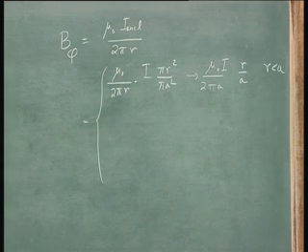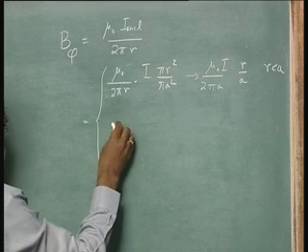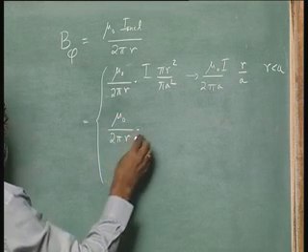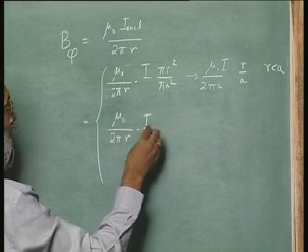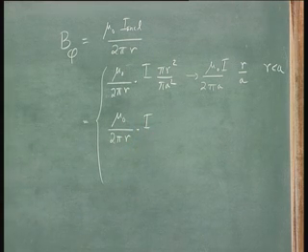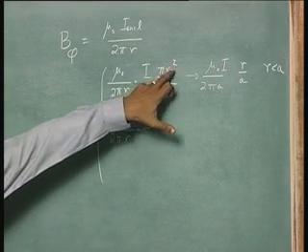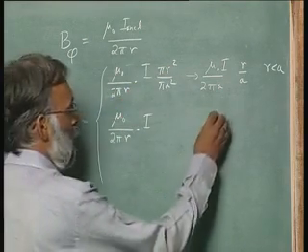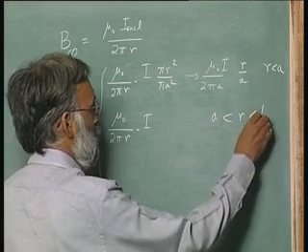Now, in the region a less than r less than b, it becomes mu naught over 2 pi r times I, the total current I, because r squared becomes a squared and the 2 terms cancel out. So, this is a less than r less than b.